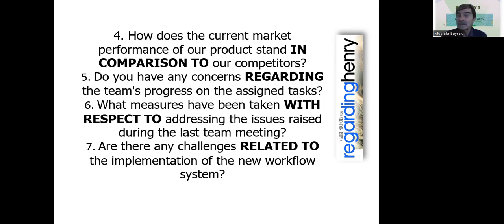What measures have been taken with respect to addressing the issue raised during the last team meeting? Are there any challenges related to, or relating to, or connected with the implementation of the new workflow system? Or are there any challenges in connection with the implementation of the new workflow system?